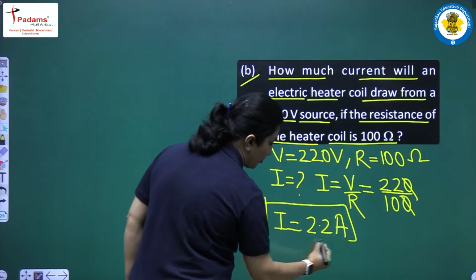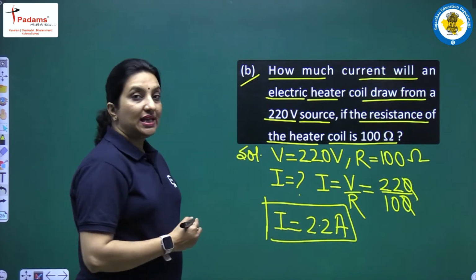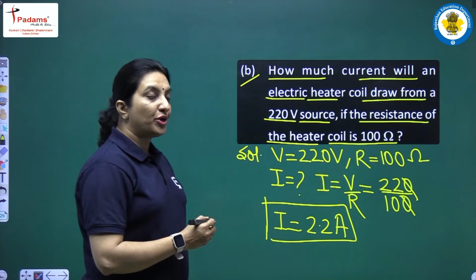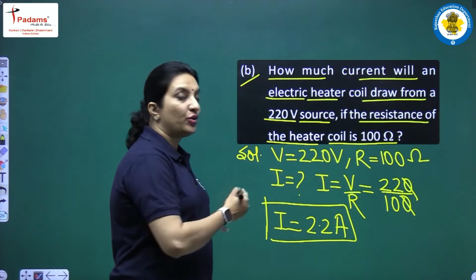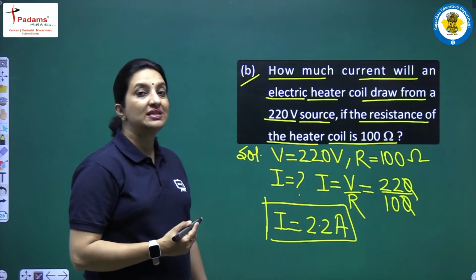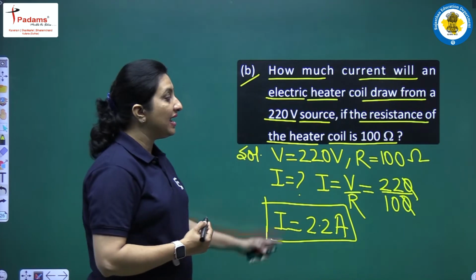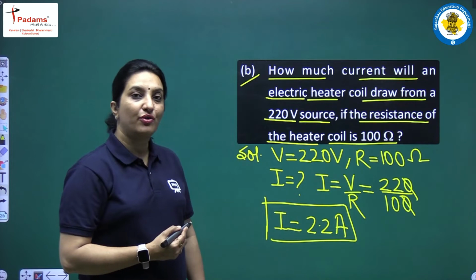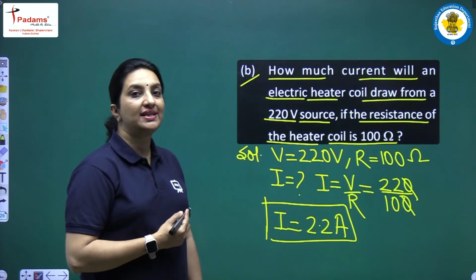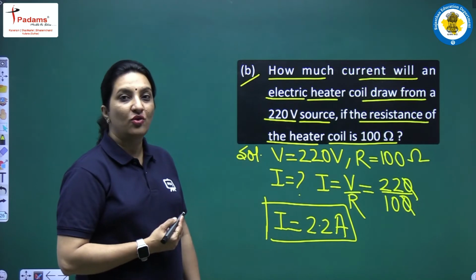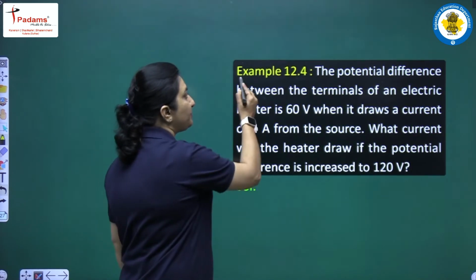So the current drawn by an electric heater from the same potential source, with a very low resistance, is going to be high. There we had a 1200 ohm resistance, and here we have only 100 ohm resistance. So here the current drawn is more as compared to the previous case. Now let's see the next question.